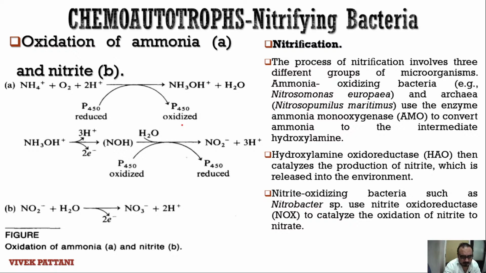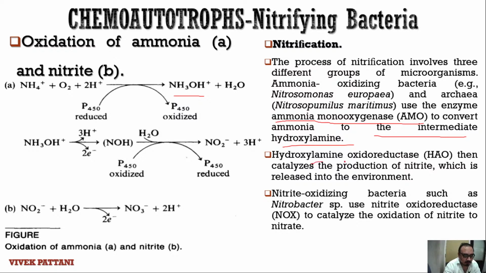So there are a variety of bacteria, and it is done by the enzyme ammonia monooxygenase to convert ammonia to the intermediate hydroxylamine.